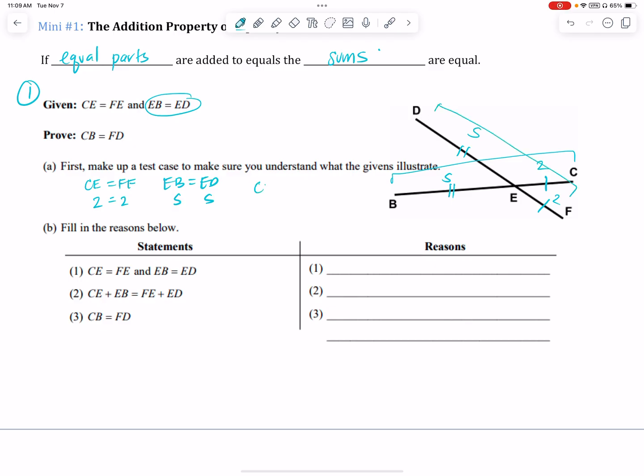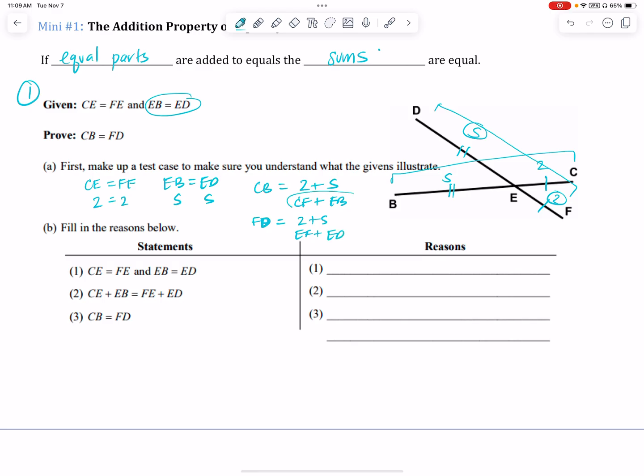So CB equals 2 plus 5, which is CE plus EB. And FD, that whole amount, is 2 plus 5 here, and that is EF and ED.